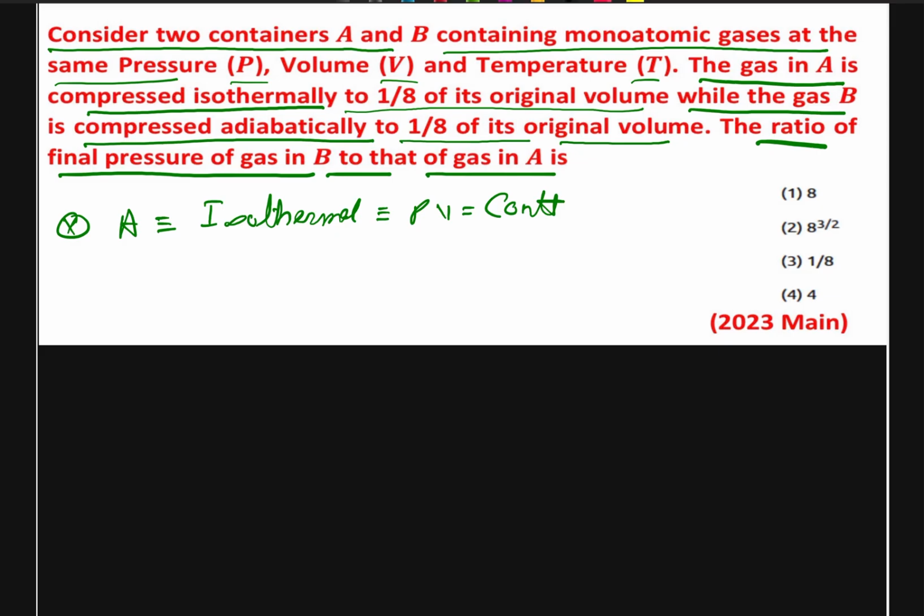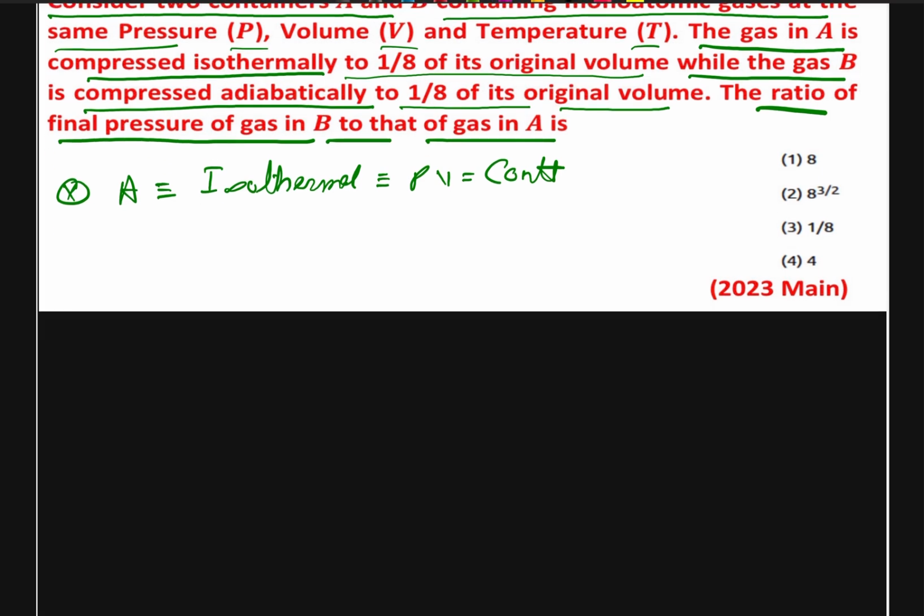If we assume that the final pressure and volume are PA and VA, therefore we can write this as initial PV is equal to PA times VA.